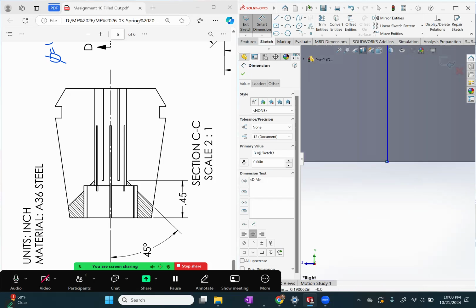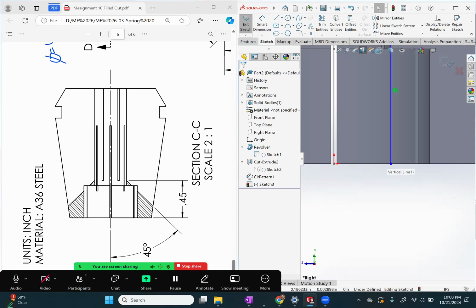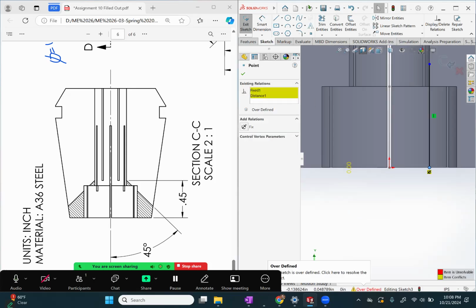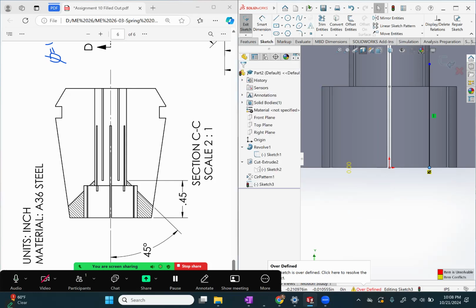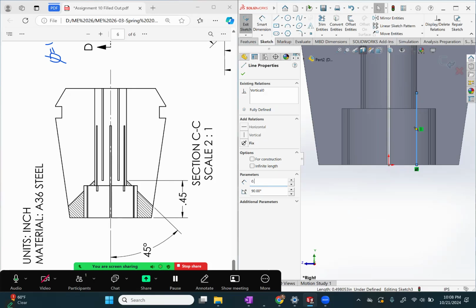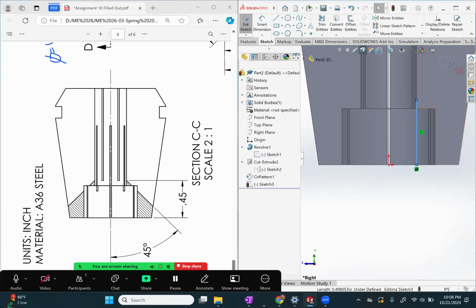I want this line down there. And now that that's 0, I can fix this. Yes, I understand these interfere with each other, so I can delete the distance. I'll just keep this fixed point. And let me change this dimension to 0.45. All right.